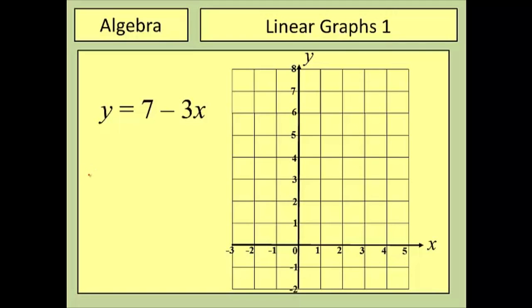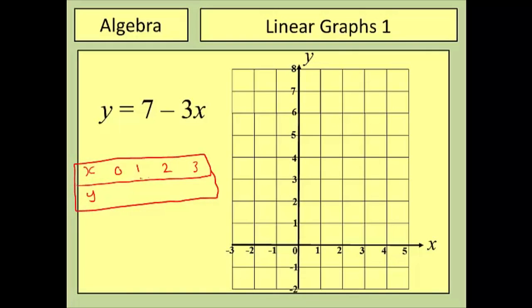Okay, in this second example, we're going to do exactly the same thing. We're going to set up our table of values for x and y. I'm going to have values of x ranging from 0 to 3, and I'm going to substitute these values into this equation to produce a corresponding value of y. For this particular equation, I'm going to start right at the beginning when x equals 0.